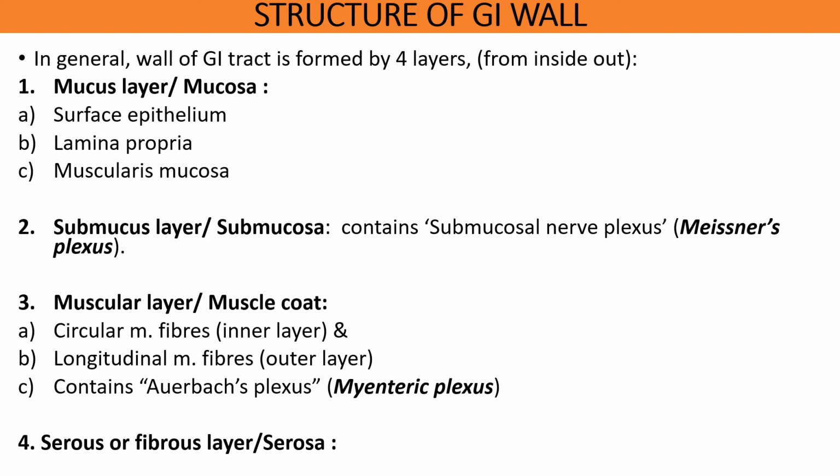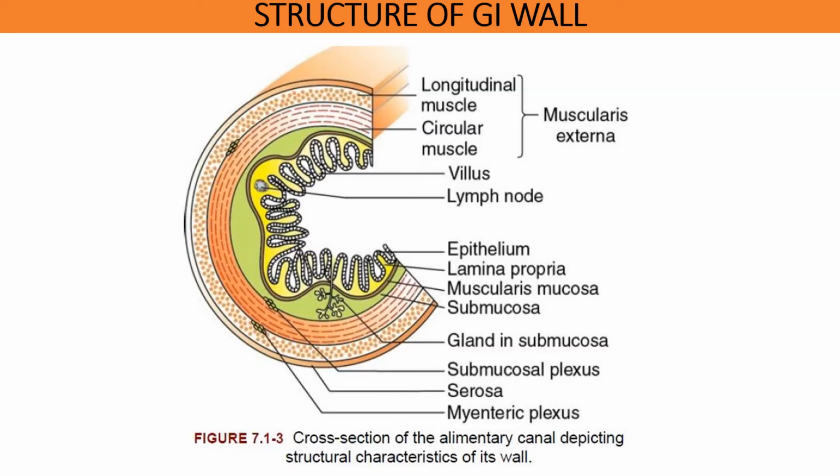In between these inner and outer smooth muscle layers is another type of nerve plexus, very important for GI motility, known as the Auerbach's plexus or the myenteric plexus. The last layer, or the outermost layer of the GI wall, is known as the serosa or the fibrous layer.